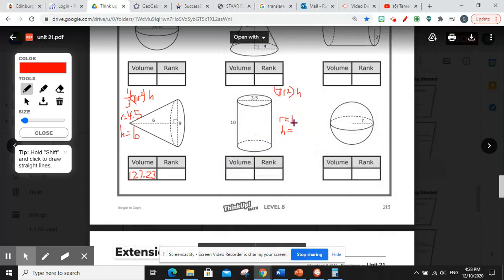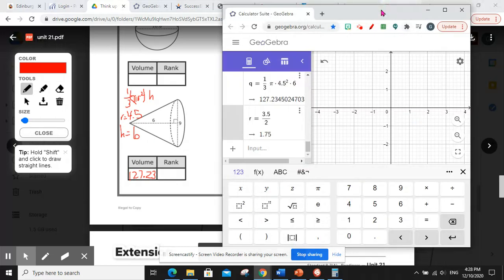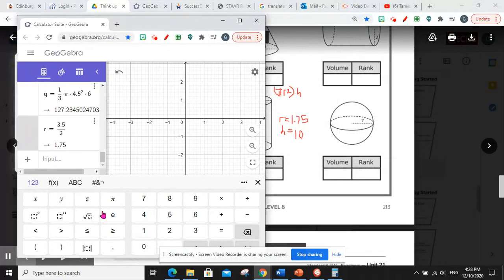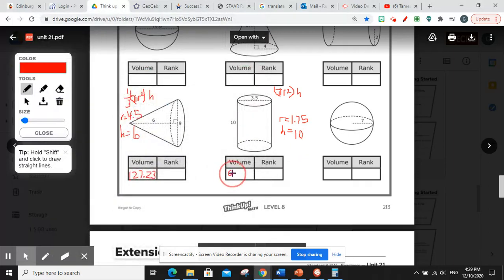So my radius is 1.75, and my height is 10. So I go here, my calculator, and I plug into my formula, pi r, which is 1.75 squared, arrow out, and my height is 10. And I get 96.21. So 96.21.